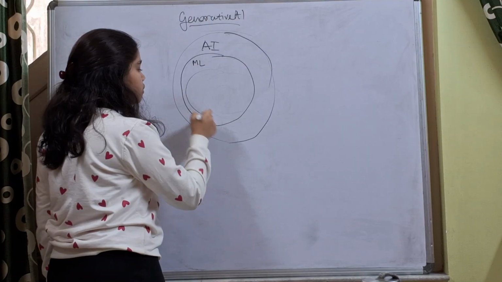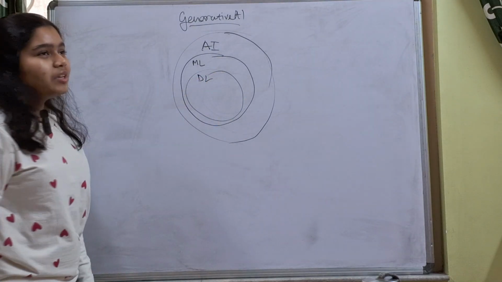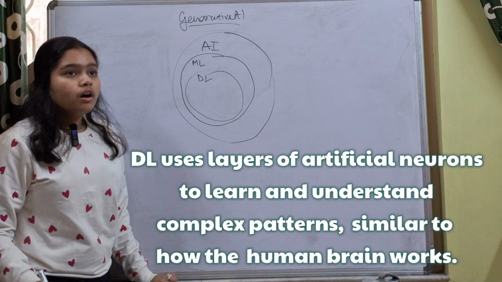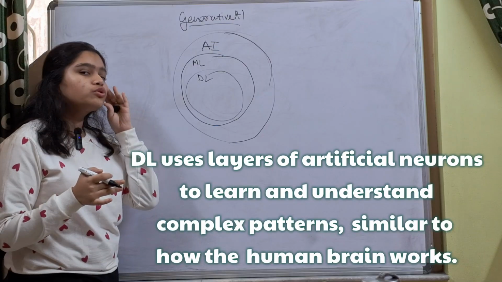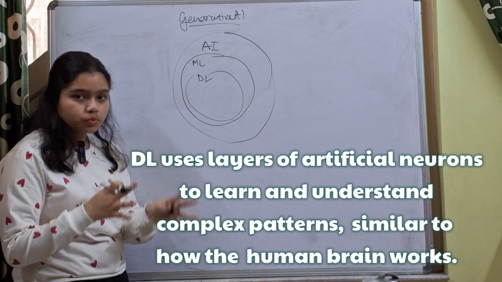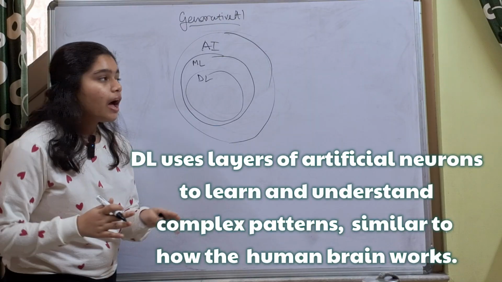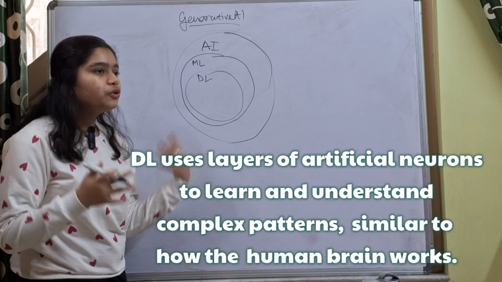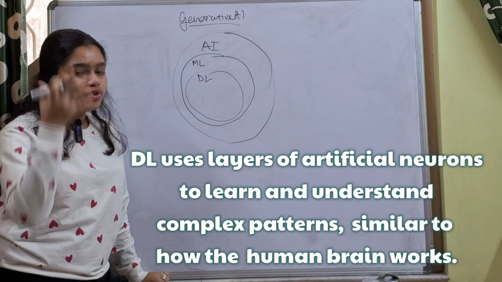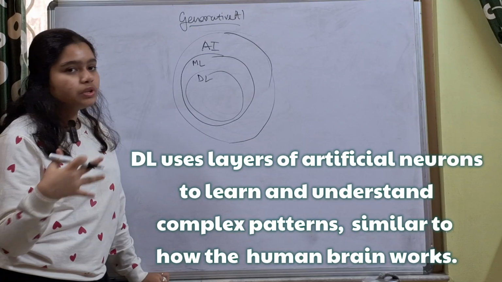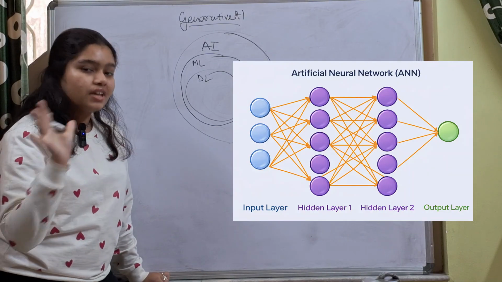Inside machine learning, we have deep learning. Deep learning is where you get neural networks. In our brain, we have neural networks, thousands of neurons, which help us to process information. As AI is mimicking humans, deep learning takes inspiration from the human brain and its neural networks, and creates an artificial neural network, known as ANN.